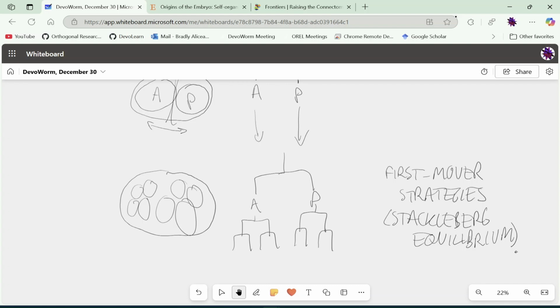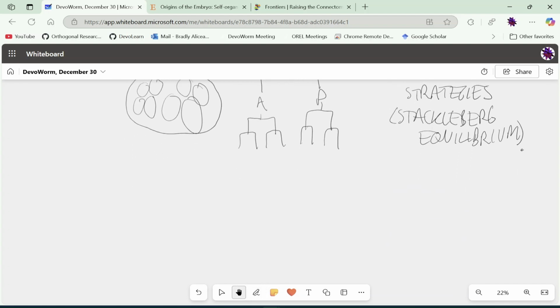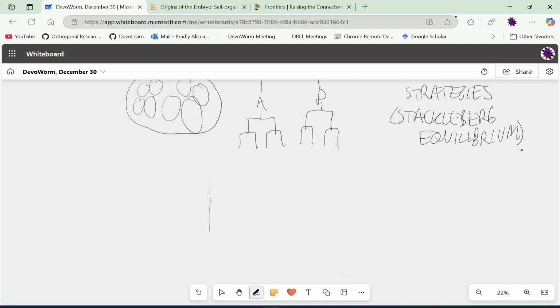Similarly, with something like tic-tac-toe, this is a game that has a distinct first mover advantage. If you've ever heard people say, if you play tic-tac-toe, you have to put your X or your O in the center square. So if I'm X and you're O, I put my X in the center square. You put your O here. I put my X here.